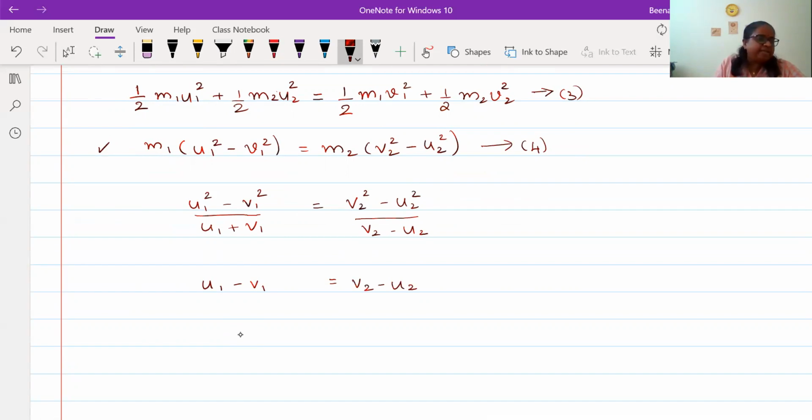So this is an intermediate equation. In a way, we can get into another concept, I'm just rearranging it in a different form. I'm writing it as u1 minus u2 is equal to v2 minus v1.